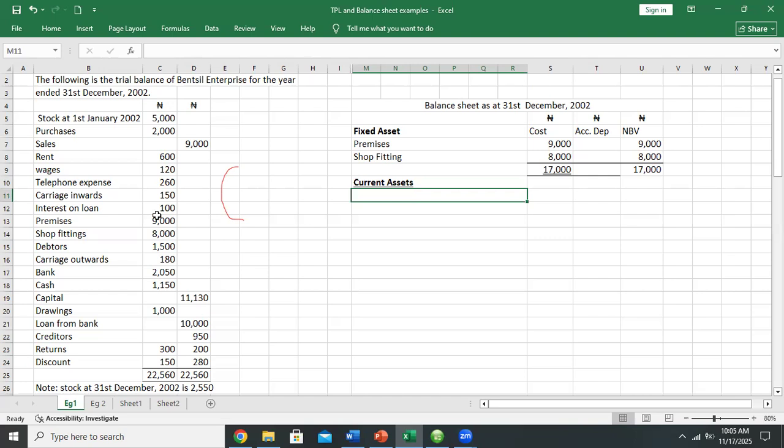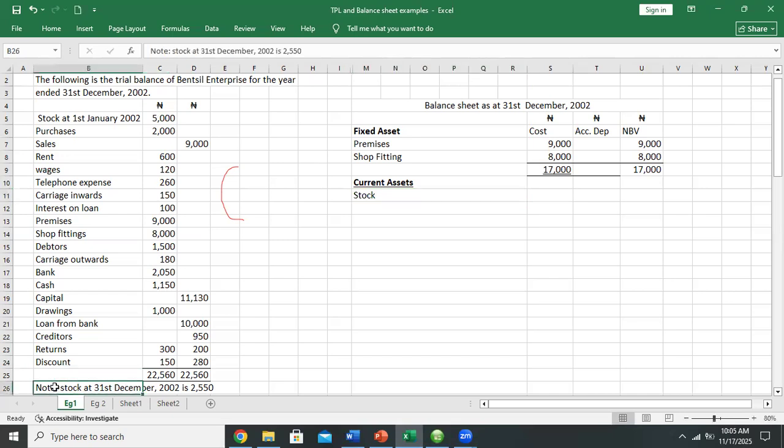Per the format, what should be the first thing to start your current assets? Yes, Josephine. Yeah, please, stock. So stock. And please note here, the stock in the balance sheet is the closing stock, not the opening stock. So can we identify the closing stock?